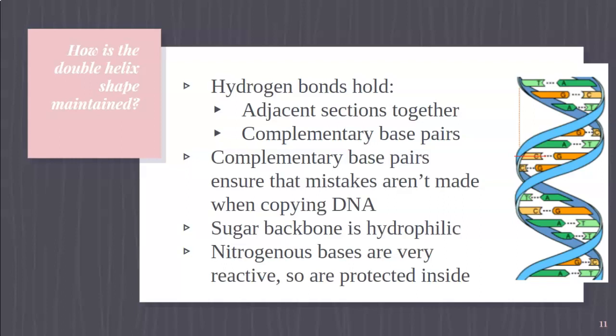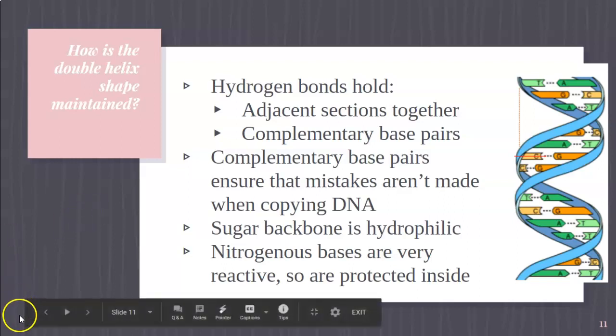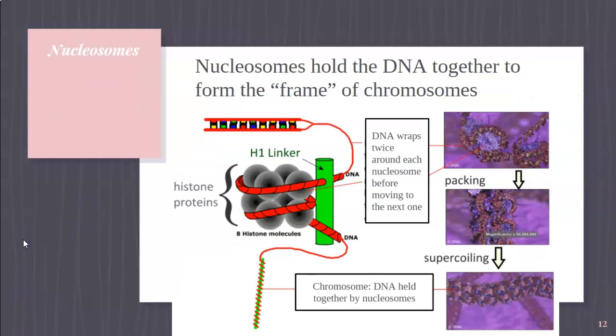The sugar backbone is hydrophilic, meaning that it likes water. It plays well with water, but the nitrogenous bases are super reactive, so they are protected on the inside of the DNA.